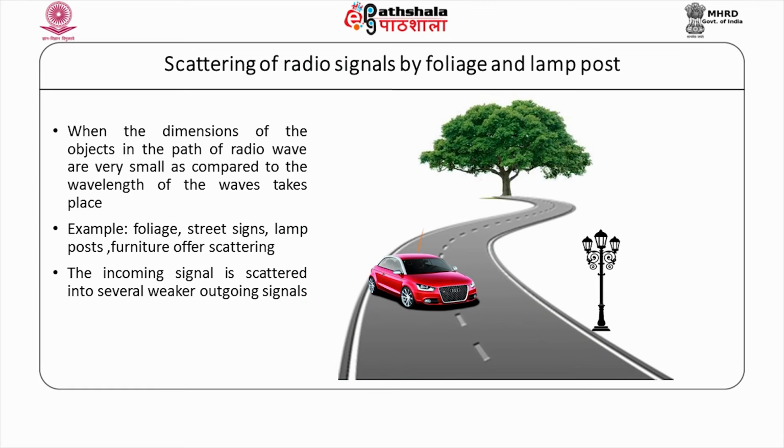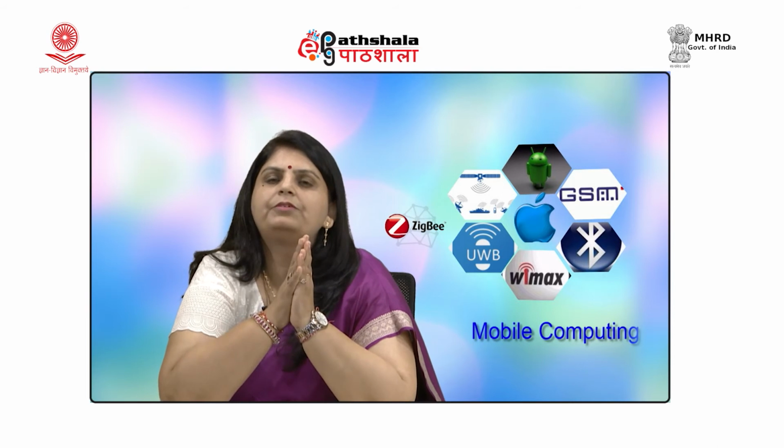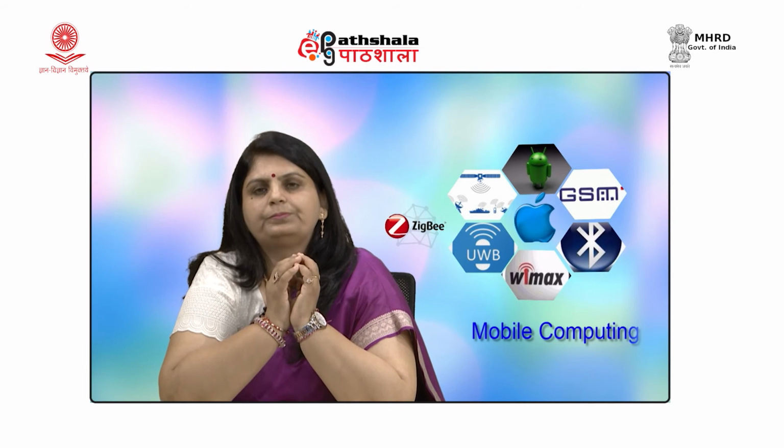Next phenomenon is scattering. When the objects in the path of a signal are very small as compared to the wavelength of the wave, that wave or signal gets broken up into several weaker signals.